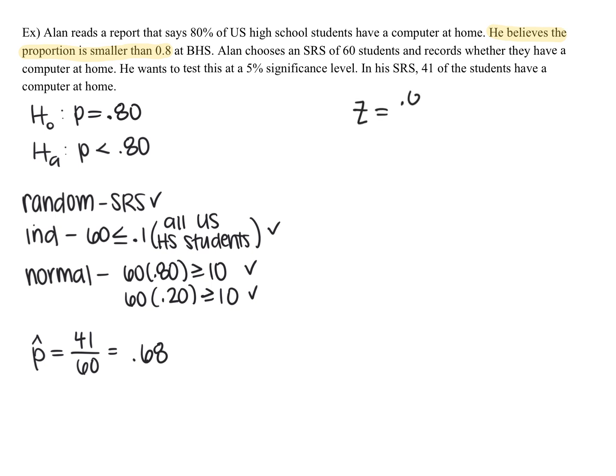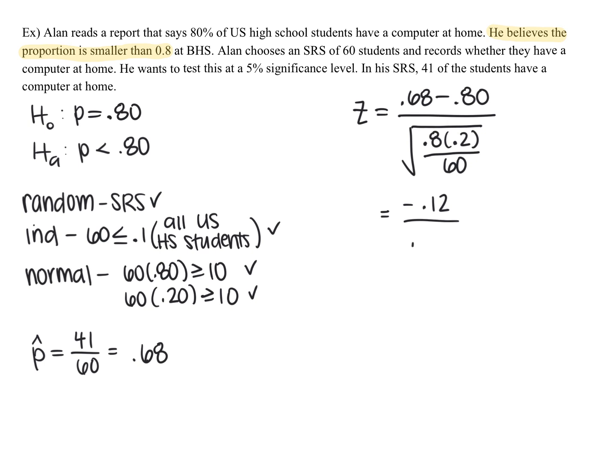So we're going to do 0.68 minus 0.80 all over our standard deviation, the square root of 0.80 times 0.20 all over 60. So 0.68 minus 0.80 is going to give us negative 0.12. The square root of 0.8 times 0.2 over 60 is going to be 0.0516.